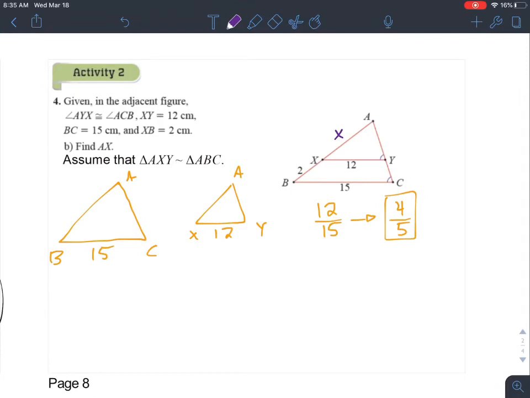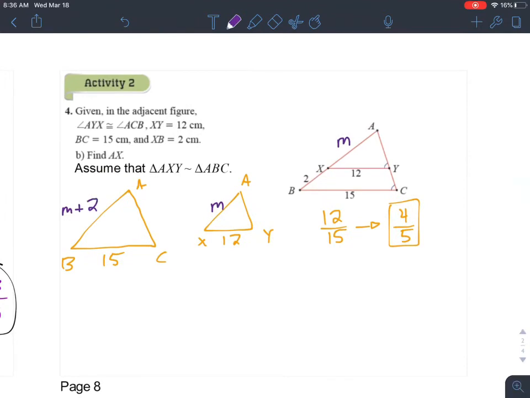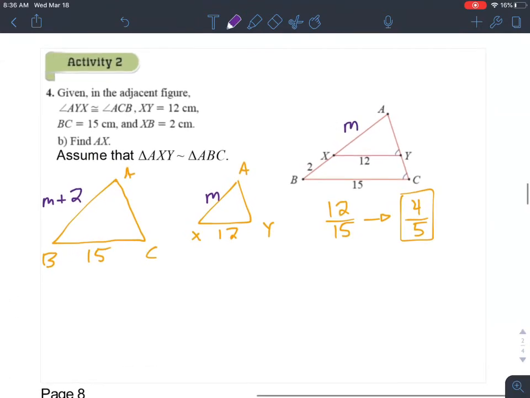I'm going to put an X here. That means that in our small triangle, actually not X because we already have a vertex called X. So let's do, I'm going to do M. So if we call that M, then in this triangle that is M, and the entire length has to be M plus 2.